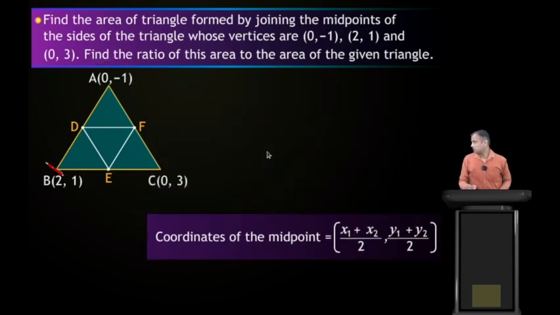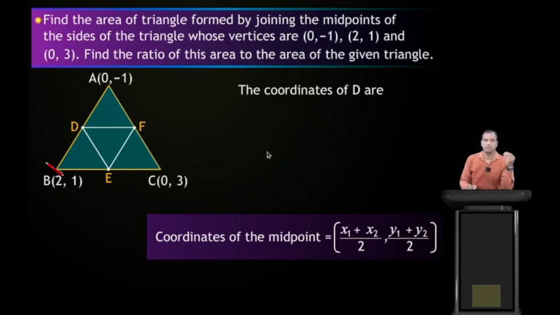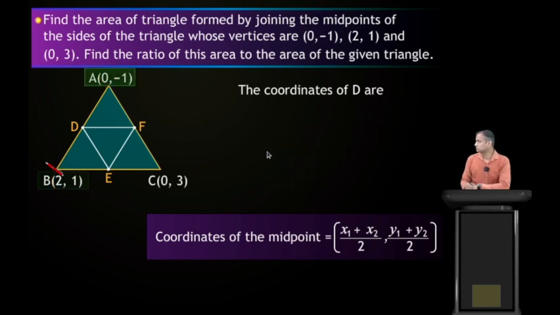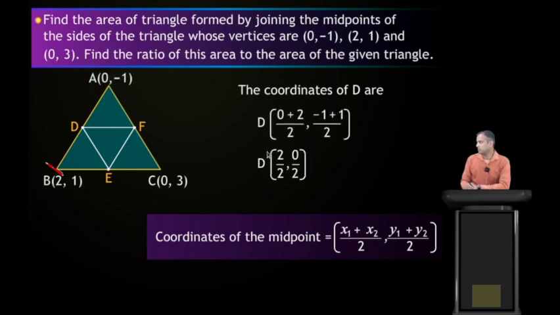Now the coordinates of D are: what is x1? (0 + 2)/2, and y1 is -1 plus 1, so (-1 + 1)/2. So the point D is (1, 0).